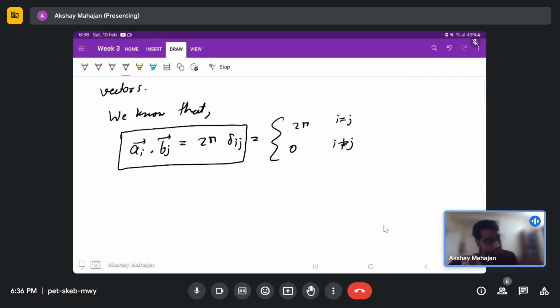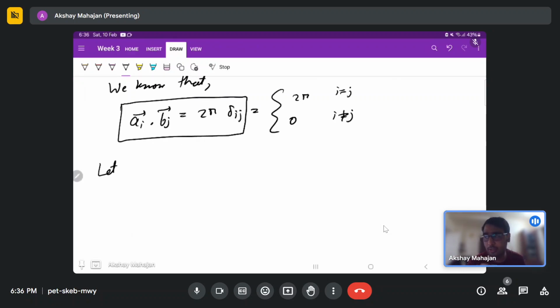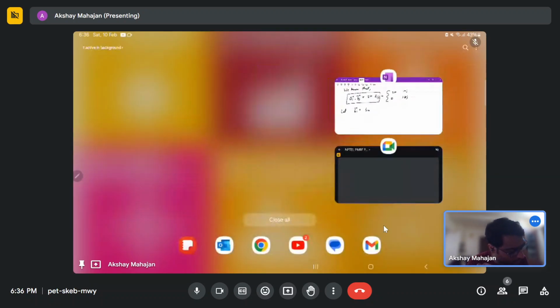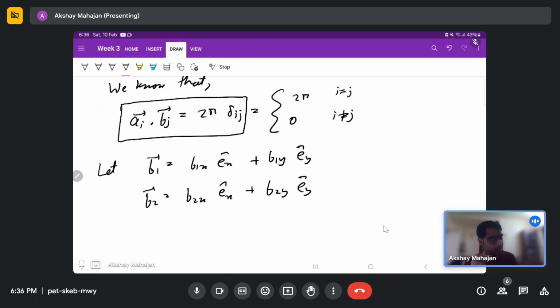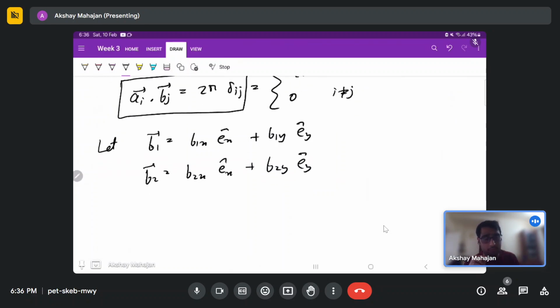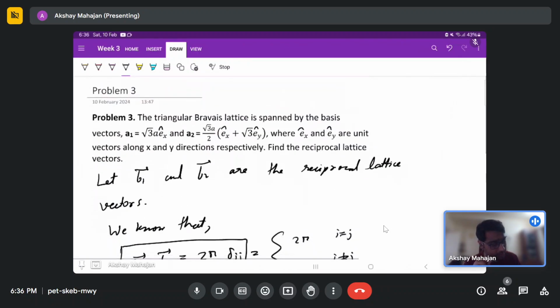I will not use the formula, but I will just assume that I know this relation, and from here we can say that b1 vector is b1x ex cap plus b1y ey cap, and our b2 vector is b2x ex cap plus b2y ey cap. So basically we want to find these reciprocal lattice vectors, and now we have 4 variables. ex cap is basically just x cap, ey cap is y cap.